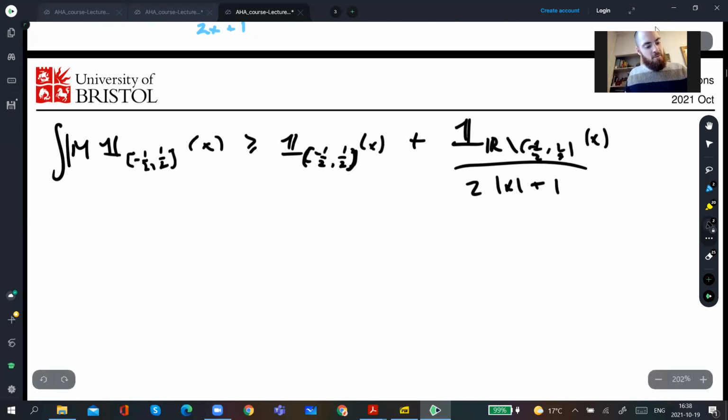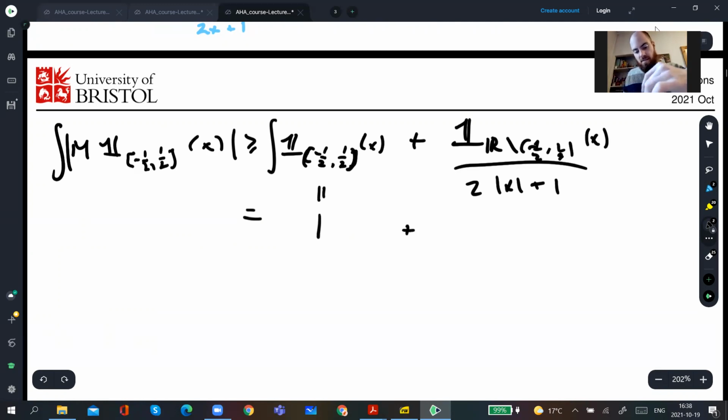Okay, well, the absolute value is superfluous. We've seen that this is a non-negative function. I'll remove that. But now I'm integrating this side. Okay, that's just 1 right here.